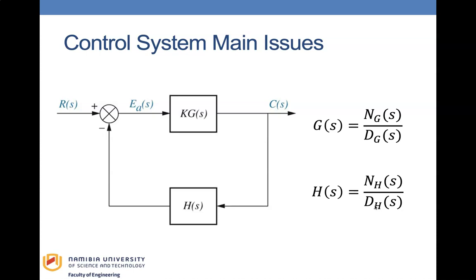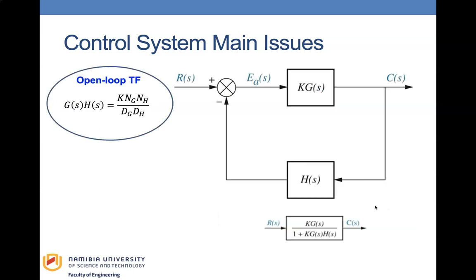Therefore, our open loop transfer function will be given by K N_G N_H over D_G D_H, where K is the gain and N_G, N_H are the numerators of the G and H respectively, and D_G, D_H are the denominators.